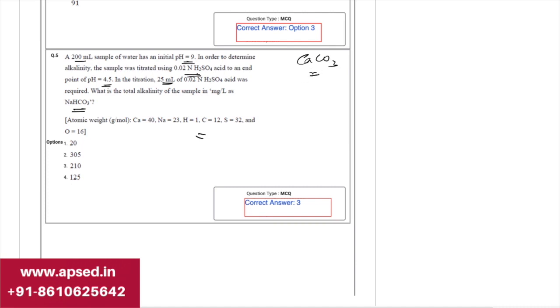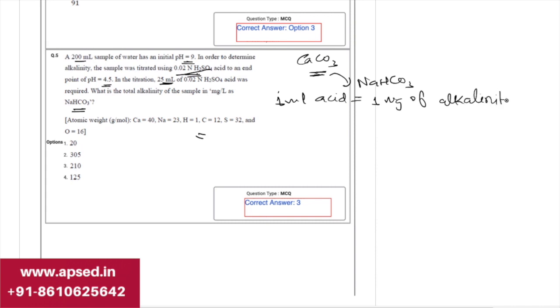So what we can do here, we can calculate first in the form of calcium carbonate and then convert in terms of sodium bicarbonate. So in terms of calcium carbonate, if we use this particular acid 0.02 N H2SO4 with this normality, then 1 ml of acid neutralizes 1 milligram of alkalinity.